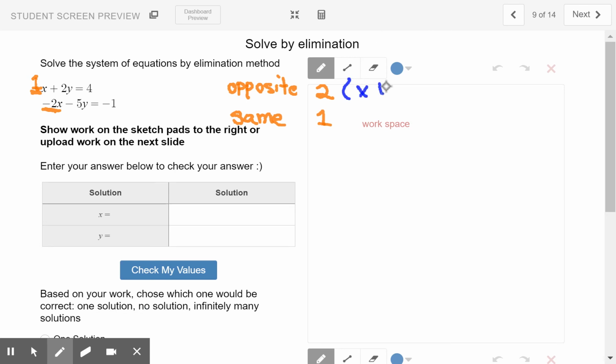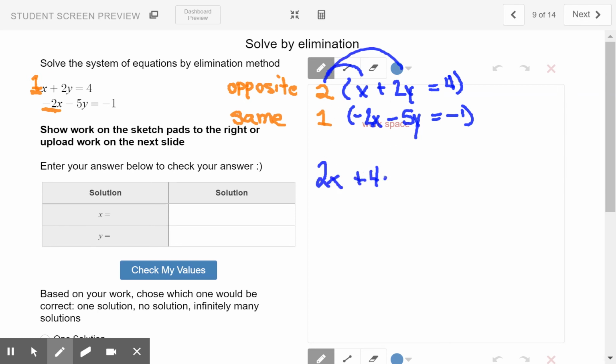So we have the original, and then we're going to multiply. 2 times x gets you 2x. 2 times 2y gets you a positive 4y. 2 times 4 gets you 8.